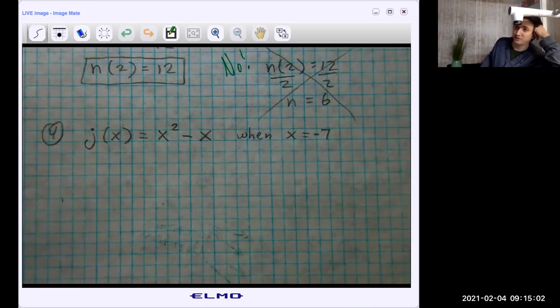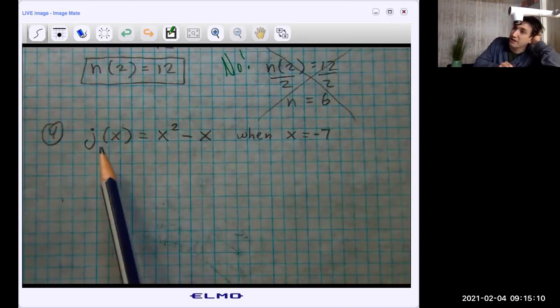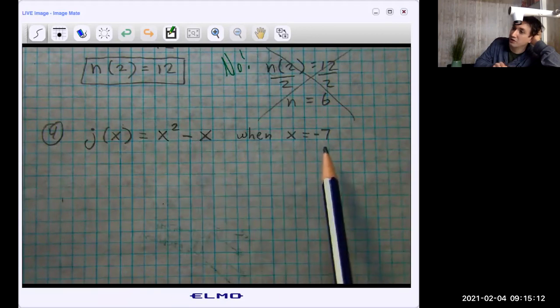So see, mathematicians don't like to write very much, and that can be confusing sometimes to someone reading this. But here's what it's saying is going on. It's saying, here's a function, here's the rule, what happens when your input is -7, okay?